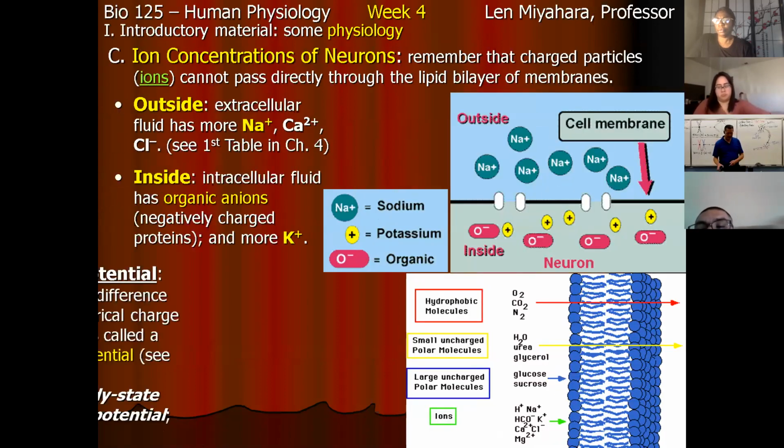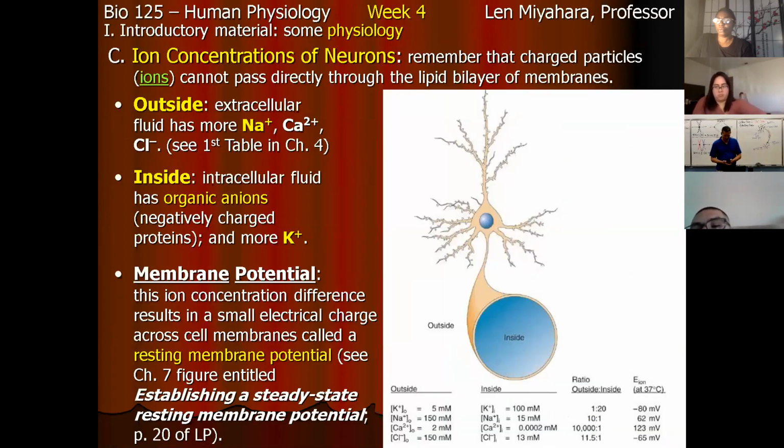I'm not going to get to this this time, but I'm going to bring this up starting on Wednesday's lecture: this term membrane potential that's on the slide. Remember, for lecture exam one, one of the short essays is the different ions in the ECF and ICF. Does that ring a bell? Not only are there different ions, there are different concentrations of them. Since some of them are positively charged, some of them are negatively charged, this causes what's called a membrane potential. And you think, well, what does that mean?